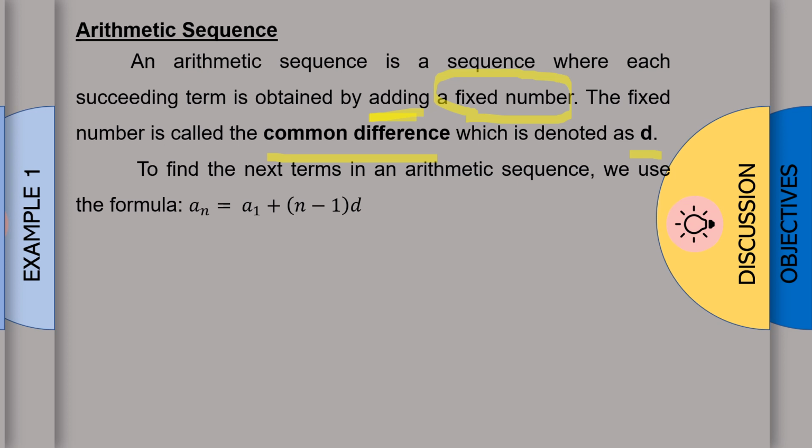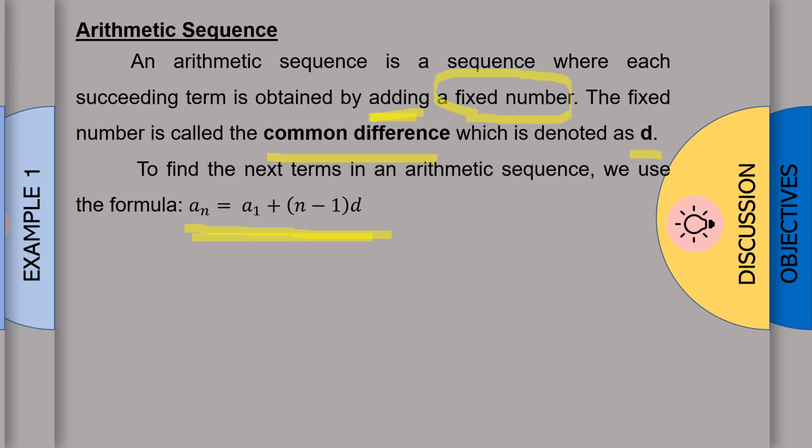Okay? Now, to find the next terms in the arithmetic sequence, kapag na-identify na natin that our sequence is an arithmetic sequence, we can now use this formula. Isulat nyo to, palagi nyo siyang gamitin para mas madali nyo siyang memorize. So, this will be our general formula for the arithmetic sequence.